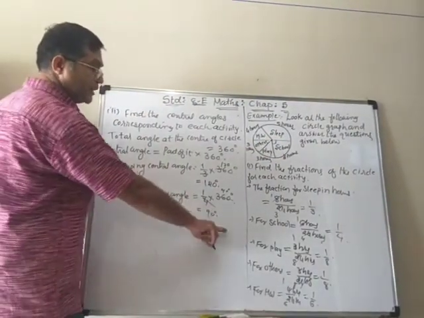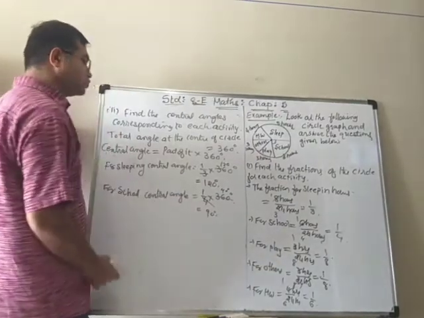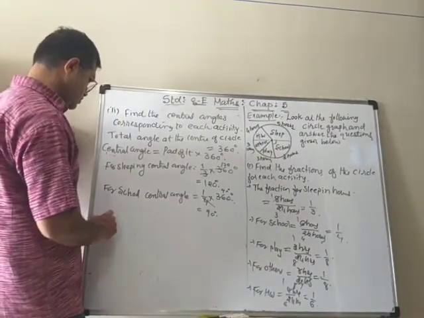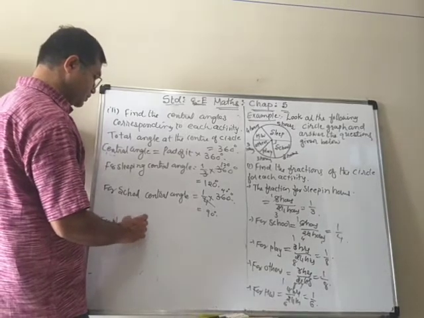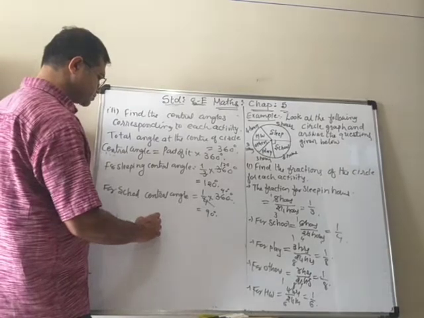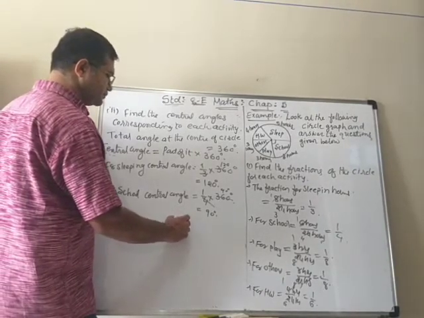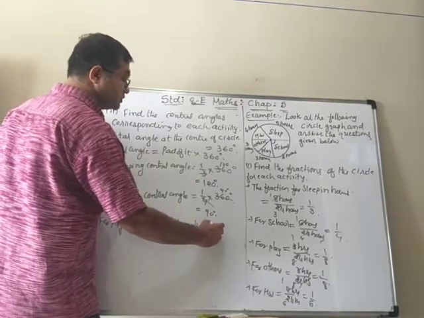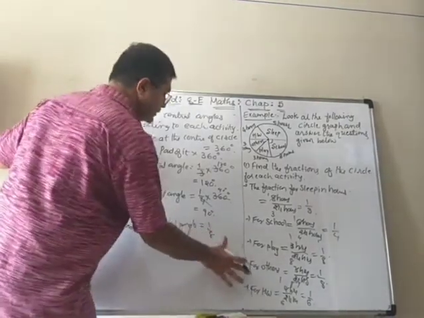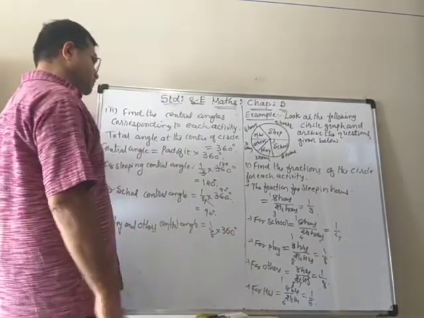Then play and other activities are the same. We will write them down together. For play and others, the central angle will be 1 by 8 multiplied by 360 degrees.